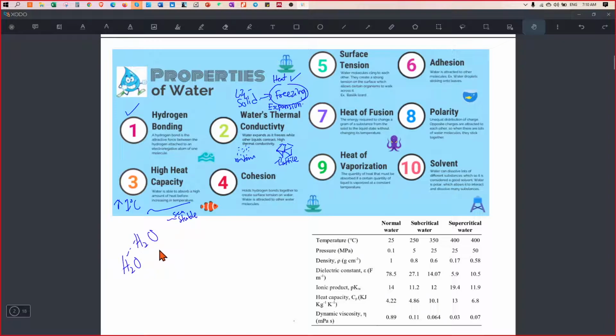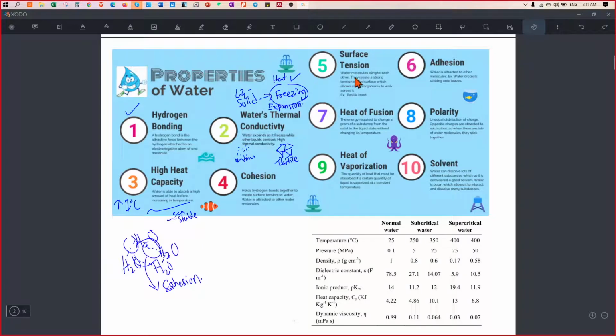So with the hydrogen bonding inside water, collectively this gives a kind of sticking force that we call cohesion. And the fifth property is the surface tension.